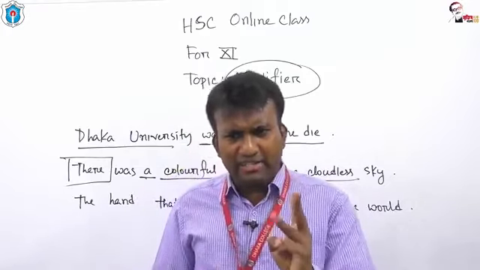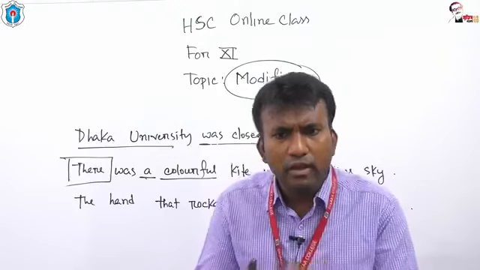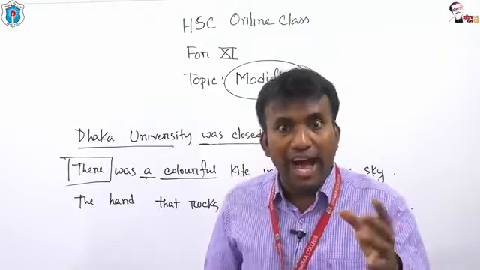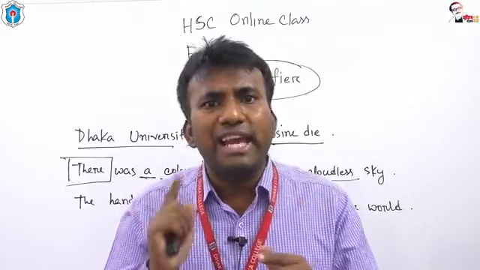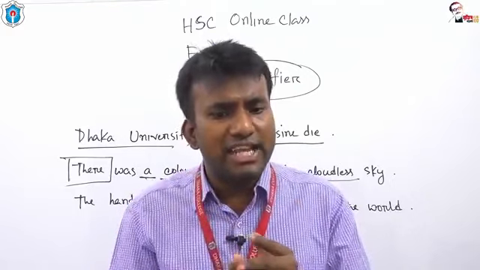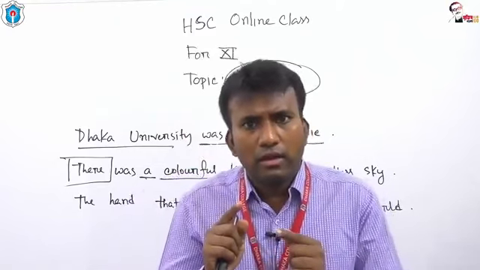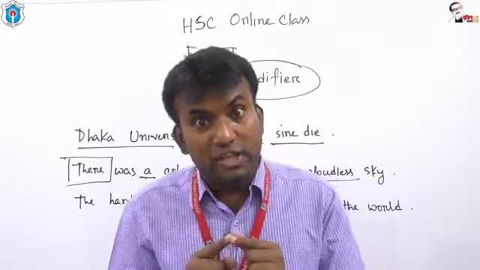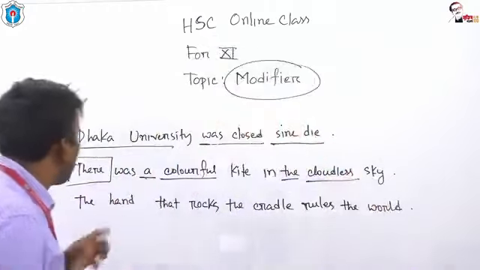Five minutes ago, I gave you a piece of information. And what was the information? Noun and pronoun are qualified by adjective, and the rest of the parts of speech are modified by adverb. Look at the board, my dear students.